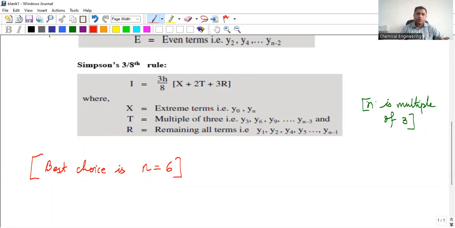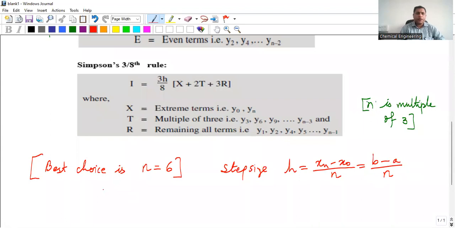Sometimes the number of intervals is given, but sometimes the step size is given. What is the relation between the step size and the number of intervals? The step size h is equal to xn minus x0 by n, or b minus a by n.